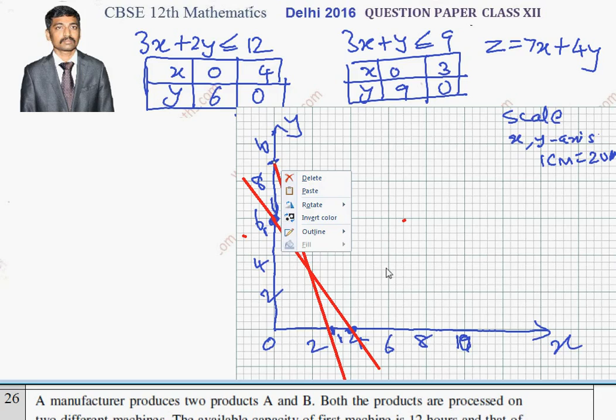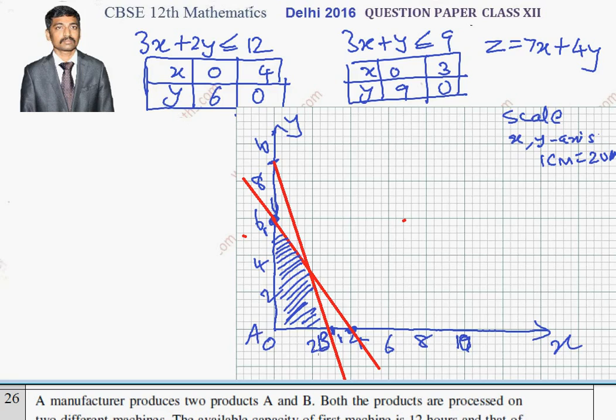Okay, it is just a rough graph. So after plotting this, we have to shade the region. Since it is less than, it will be shaded towards the origin. Mark all the corner points A, B, C and D.